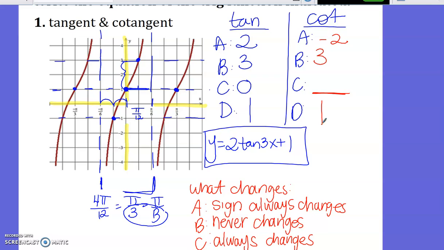My starting point needs to be an asymptote, so I just have to pick an asymptote. I'm going to pick that starting point right there of pi over 6. So y equals -2 cotan 3x minus pi over 6 plus 1.